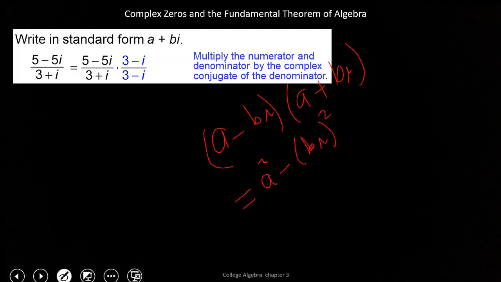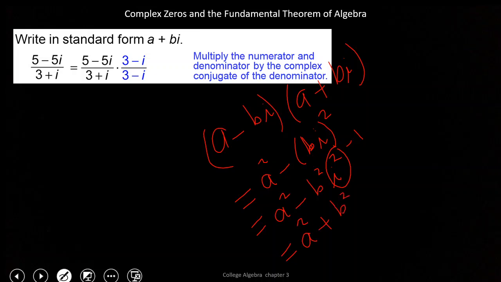That would be a squared minus b squared times i squared, but we know i squared is negative 1, so this becomes positive b squared.